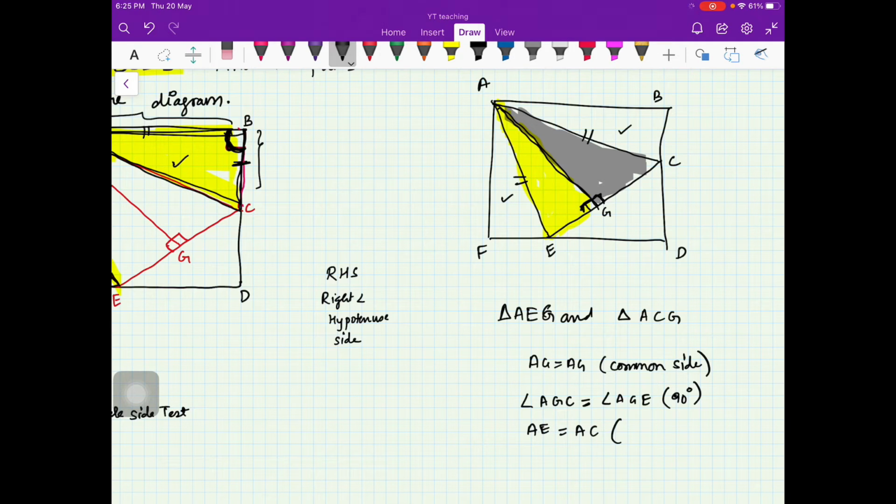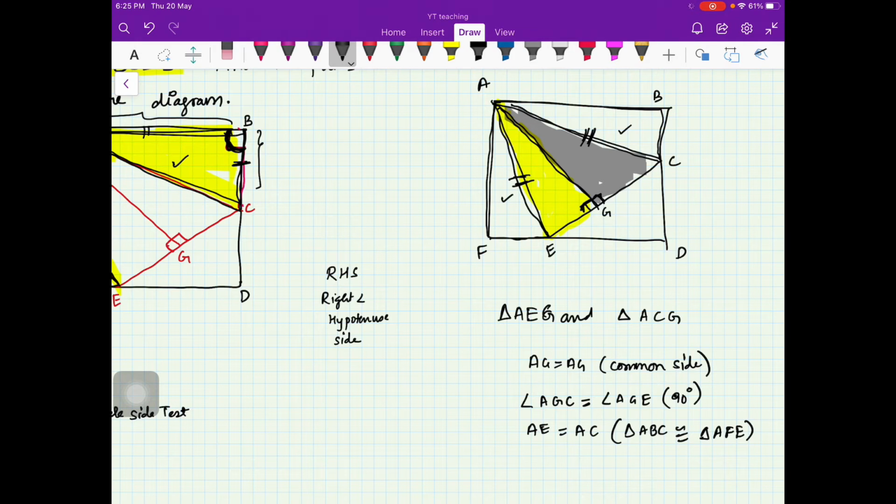Because we have already proved that triangle AFE is congruent to triangle ABC. If the triangles are congruent, then everything is equal, so this side is equal to this side.